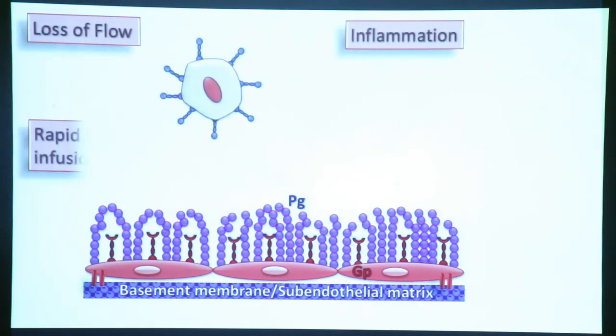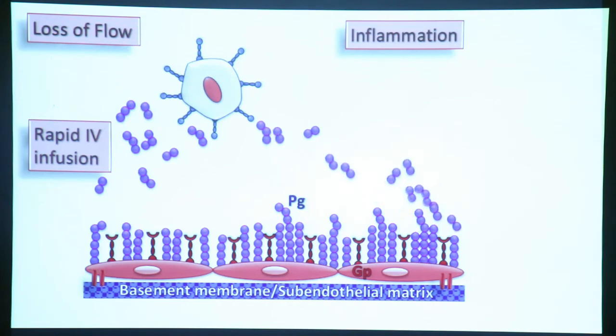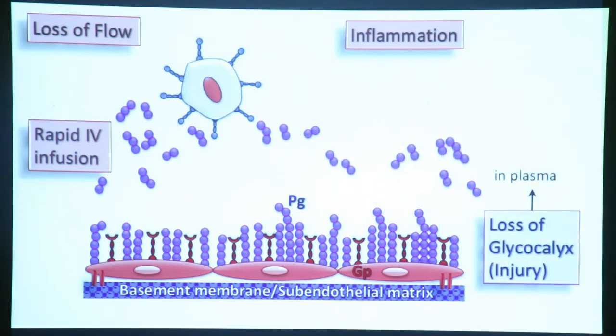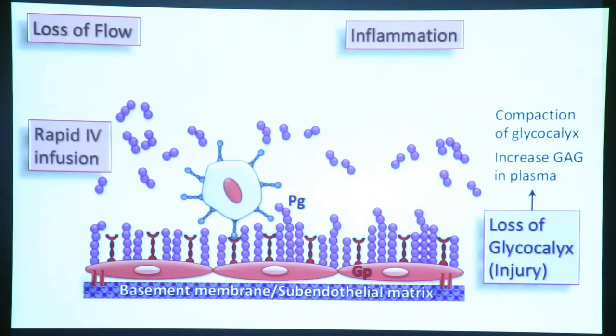When there is loss of flow, when there is inflammation, and when you give fluids very rapidly, these three conditions will disrupt the glycocalyx completely. So the small twigs, because of the storm or because of whatever damage has occurred, are taken off. And this is what leads to exposure of the adhesion molecules on the glycoproteins to combine with the cytokines or the cellular elements, and it can generate a transcellular mechanism. Am I clear?